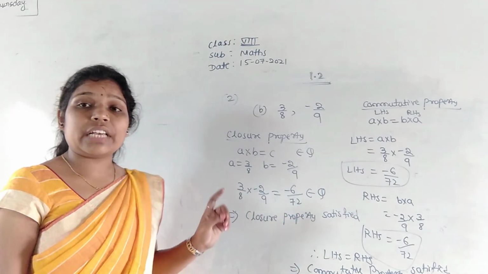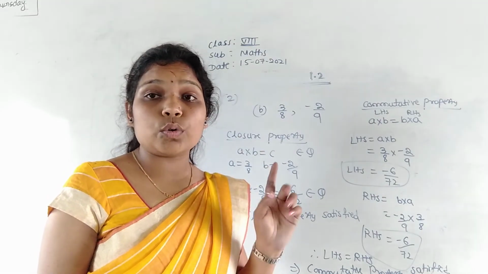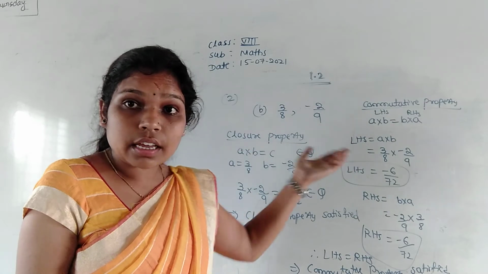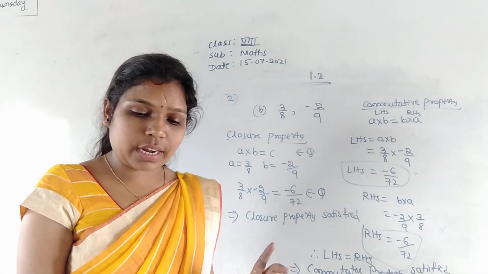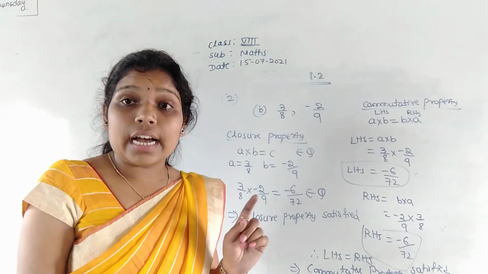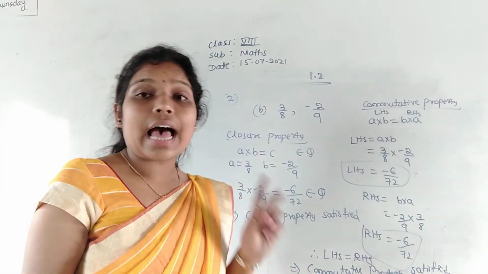So in the second main, they gave two rational numbers. You have to check whether it satisfies the closure as well as the commutative property. Another two problems are there. That one, do it yourself. That is a homework for you. So the homework is to solve exercise number 1.2, first main and second main.